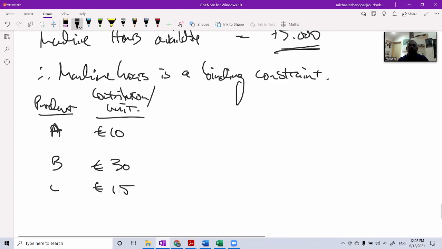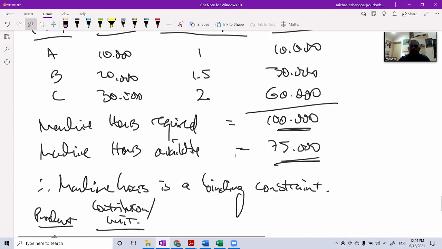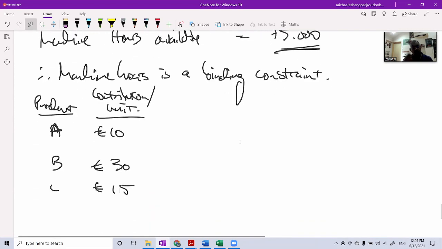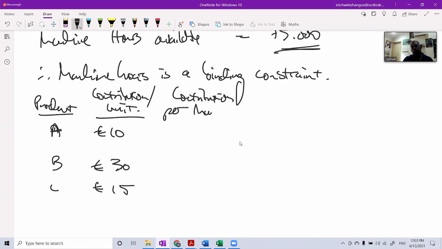Now, our constraint is machine hours. So we have to do another working: contribution per machine hour.